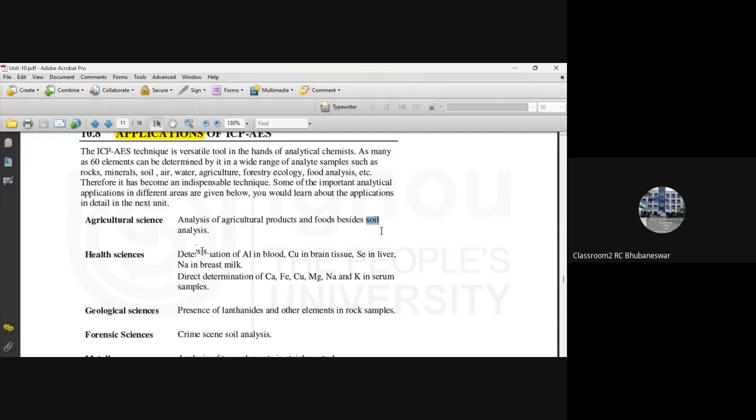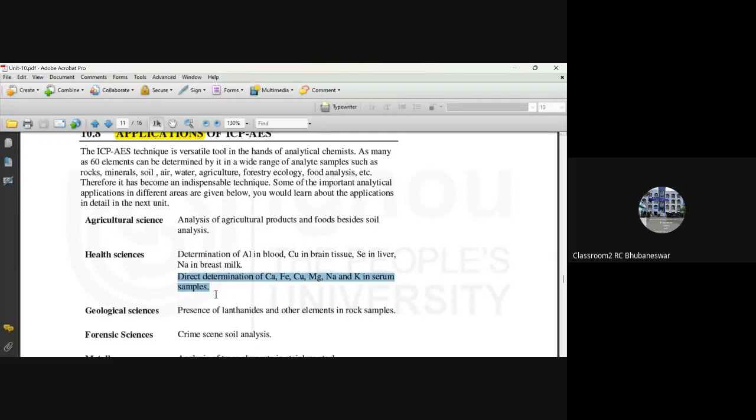Here, you can also go for agricultural products and foods besides soil analysis. Coming to health science, determination of aluminum in blood, copper in brain tissue, selenium in liver, and sodium in breast milk can be done. Direct determination of calcium, iron, copper and other elements can be done in serum samples.